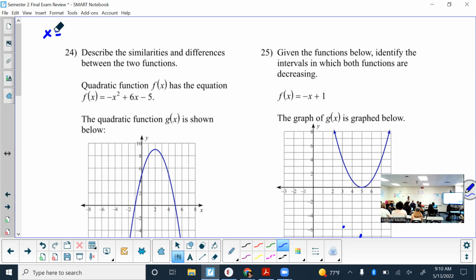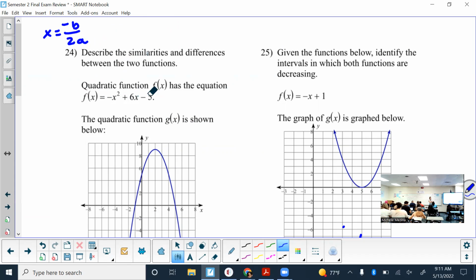Part of your quadratic form. Negative b over 2a. All right, that's your axis of symmetry formula. So maybe write that down if you didn't know that. Axis of symmetry formula. X equals negative b over 2a.